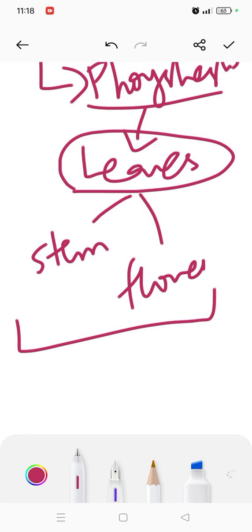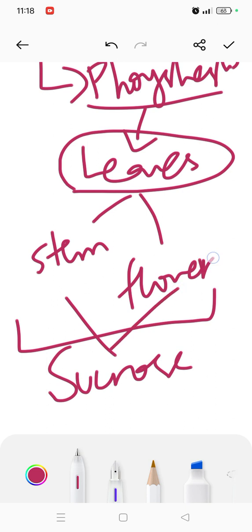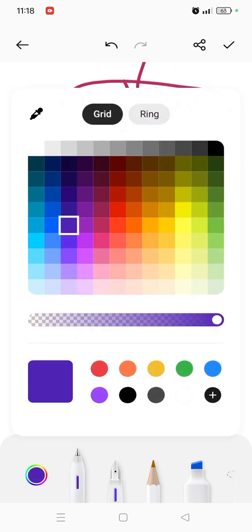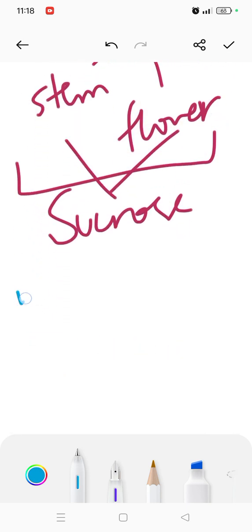From these leaves, glucose, of course the plant makes glucose, will transfer in the form of sucrose. This will transfer to stem and to flower as well. So this is the movement throughout the plant, and this means we are changing the forms. Changing of the form is also called translocation.